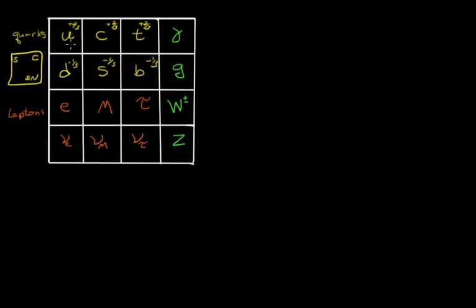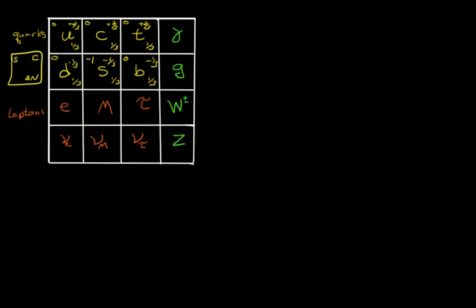Every one of these has a baryon number of 1/3, and I'll explain what we mean by baryon here in just a minute. They all have a strangeness of 0, except for the strange quark, which has -1, which seems weird.